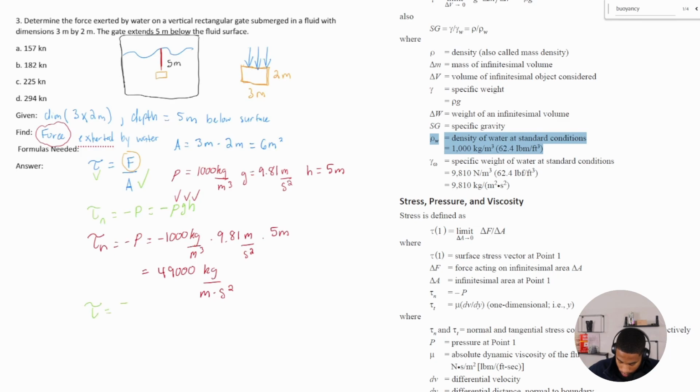T is equal to F over A. And to get F, we multiply A times T, which equals 6 meters squared, we already got that, times 49,000 kilograms per meter second squared, which after that you're going to get a huge number, but it's ultimately going to give you 294 kilonewtons. And so our answer is D.